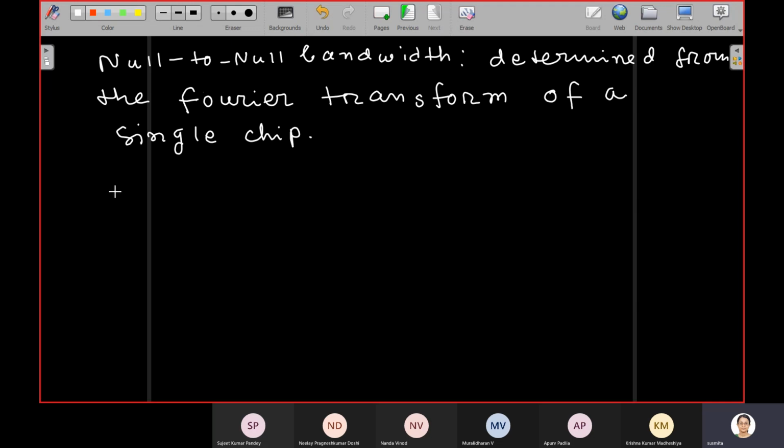Okay, so let's denote this as capital F of this. I need to take the Fourier transform.